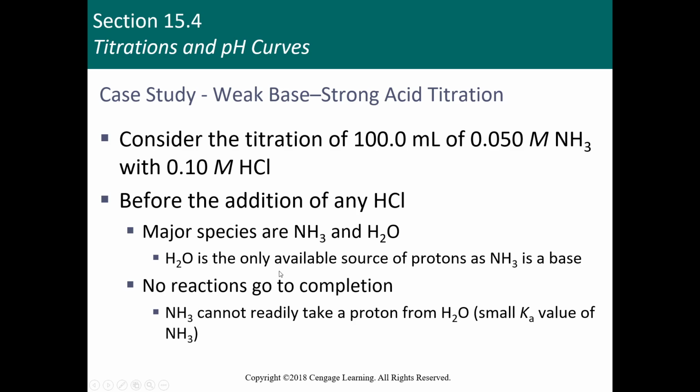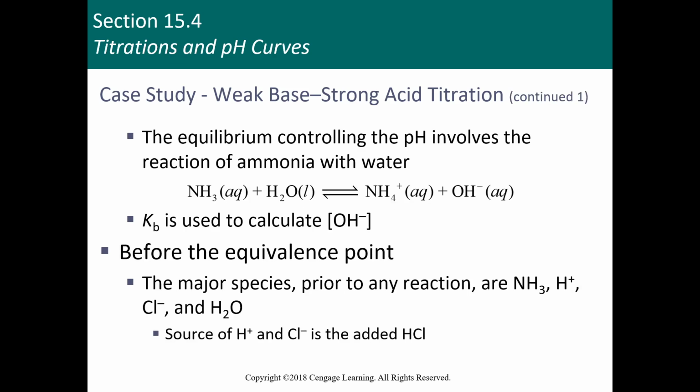This is going to be our only available source of protons due to the fact that NH3 is actually a base here. In this case, the reaction is not going to go to completion. So the NH3 cannot really take a proton from water because the Ka value of the NH3 is fairly significant.